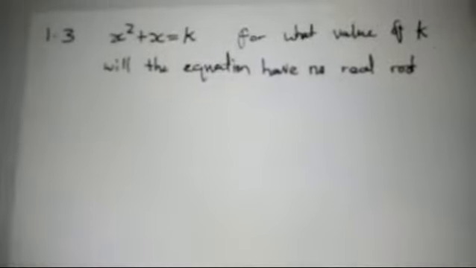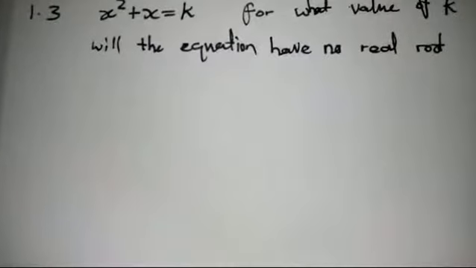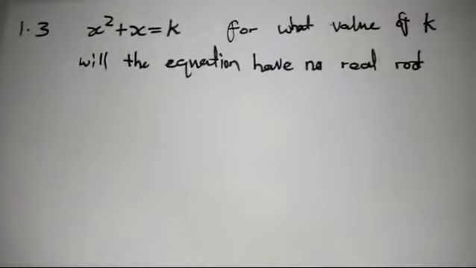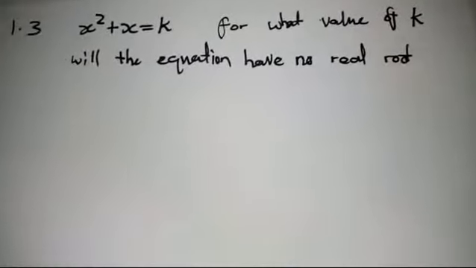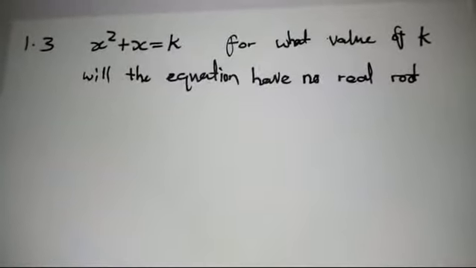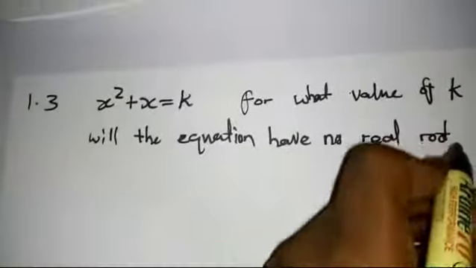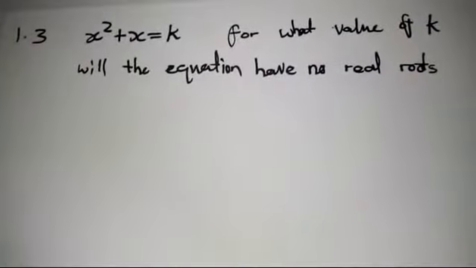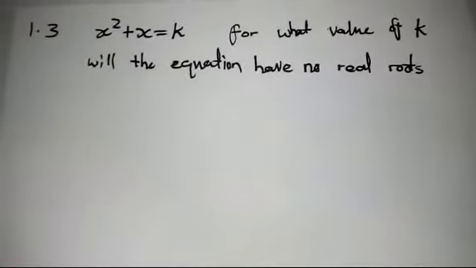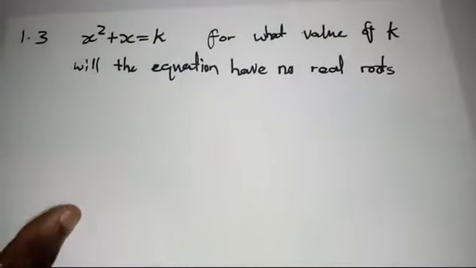Now we're looking at the final question in question 1 on the November 2015 grade 12 paper. Okay, so in this question we're asked to find the value of k which will make the equation have no real roots. When you're dealing with roots, you have to know that to find the nature of the root, you use something called the discriminant.